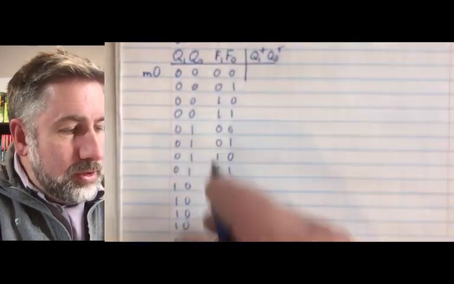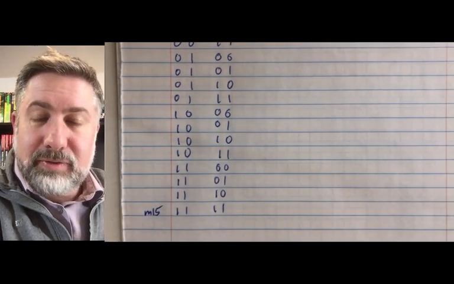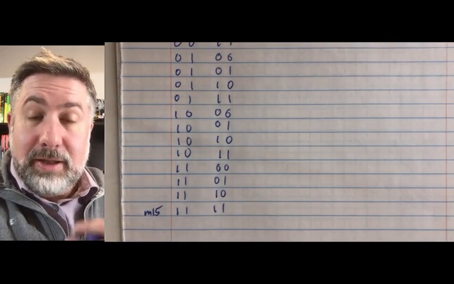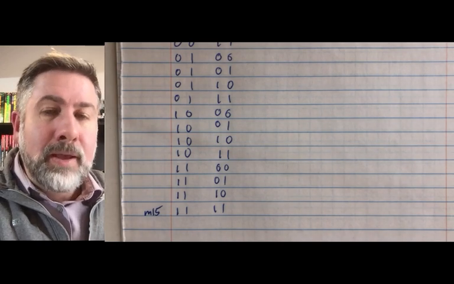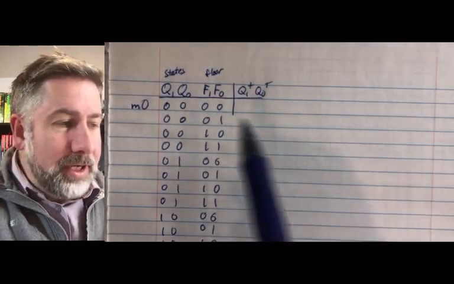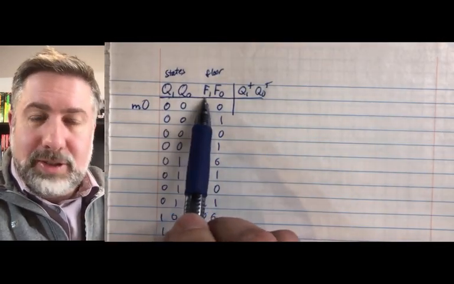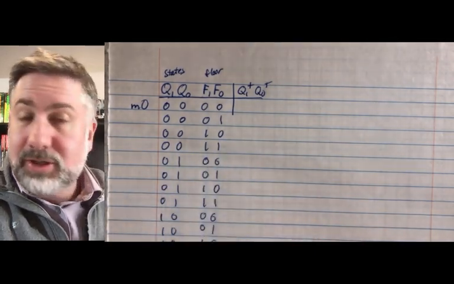This is minterm 0, and this is minterm 15, because this process that we're following is to design the combinational logic that will drive the next state of the machine. That combinational logic will take as input the current state and the inputs. So 2 current state variables, 2 input variables, 4 variables.